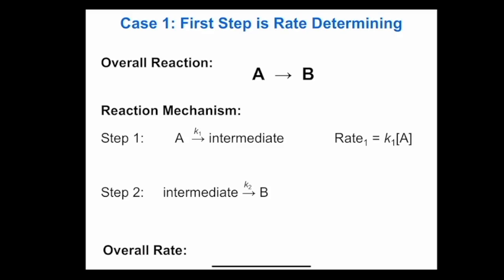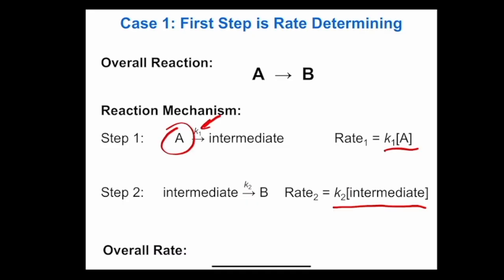The rate of the first step is equal to K1 times A. Now, the second step is also an elementary process, which means that one can be written as well: the rate of the second step, or rate 2, is equal to K2 times intermediate. And that's great. These are two individual elementary steps, which means I can talk about each of them by inspection. I can write out their rate equations. Again, that's just by looking at starting material concentration and the rate constant for each step.